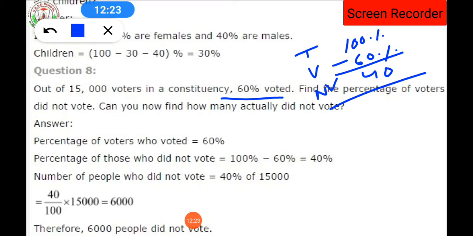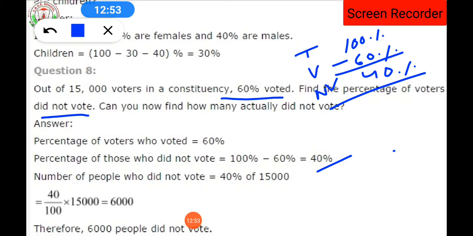That is what is asked in the question: find the percentage of voters who did not vote. So the percentage of voters who did not vote is 40%. Why is it 40%? Because the total percentage of the people is 100. Out of 100%, 60% of the people gave their vote. So the remaining will be 40% who did not vote, isn't it? So here we found that the percentage of persons who did not vote is 40%.